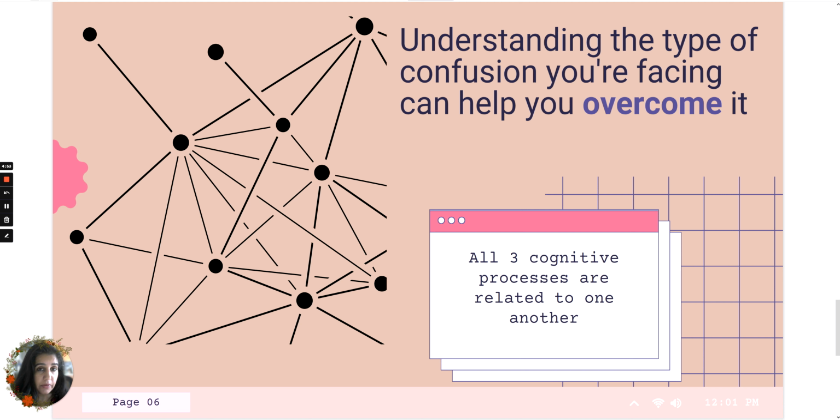The neurons, or brain cells, form a network of neurons. Understanding the type of confusion which you are currently facing can help you overcome it. It's a strategy to help you decrease cognitive load as you're learning tech.